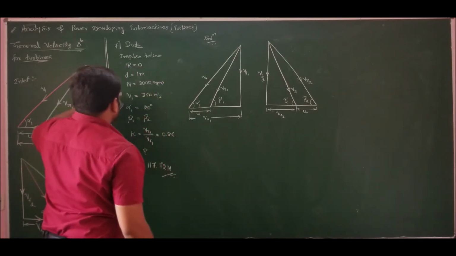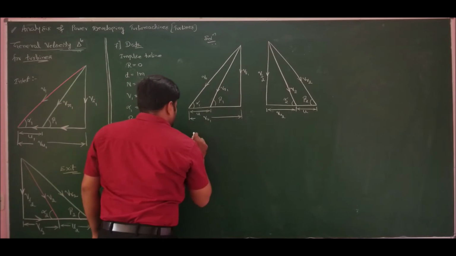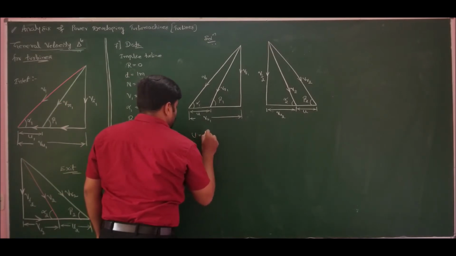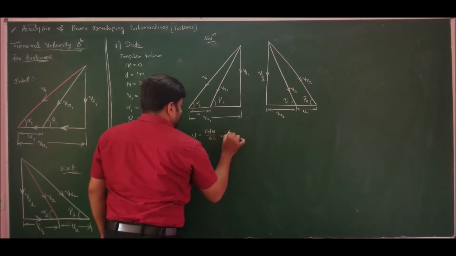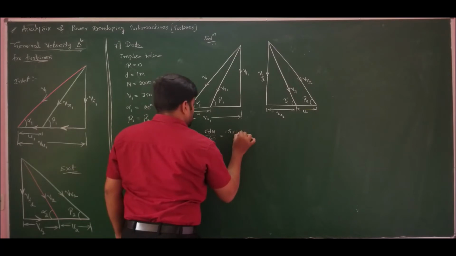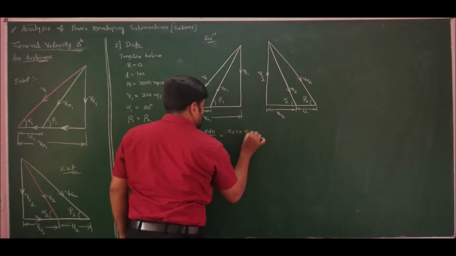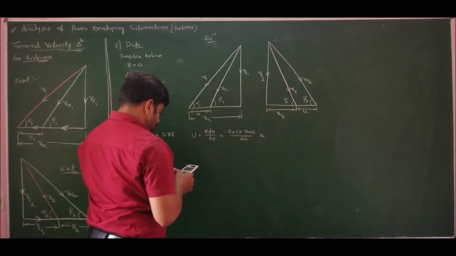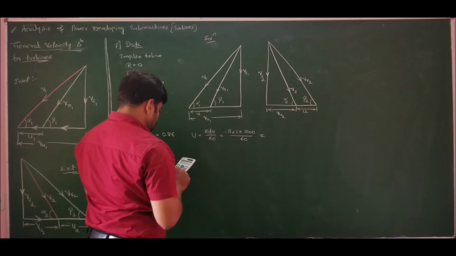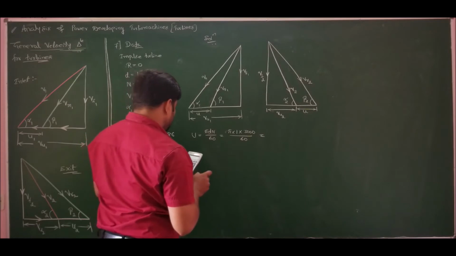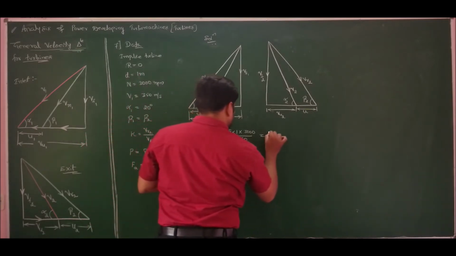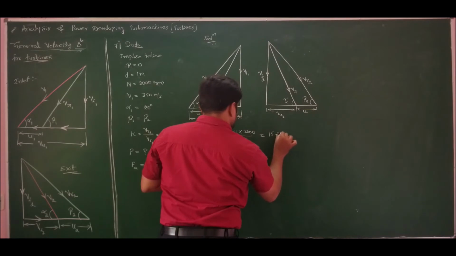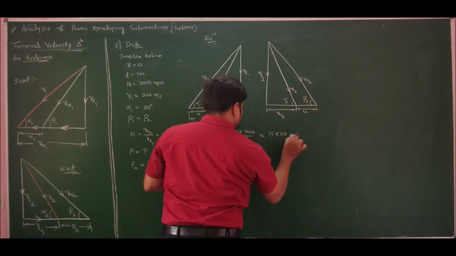Now let us solve the problem. We know diameter and N, so U will be obtained. U is equal to pi DN by 60, pi times diameter 1, N is 3000 by 60. The tangential speed of the rotor is 157.08 meters per second.